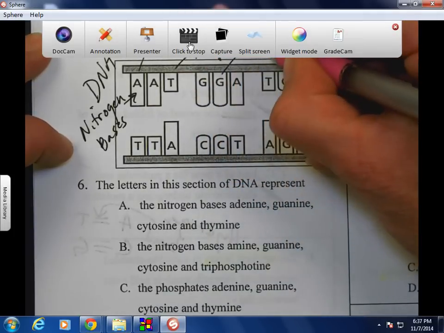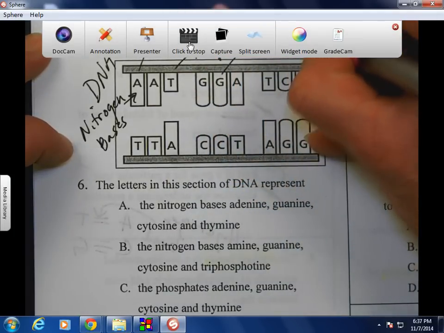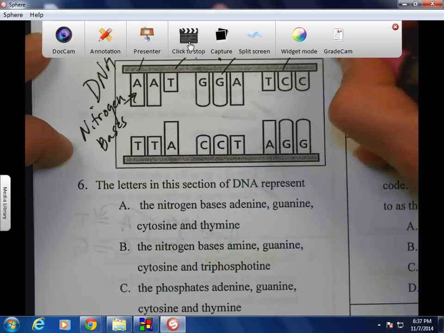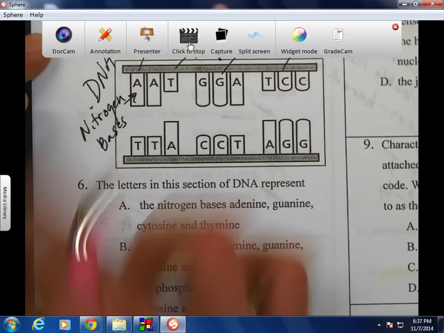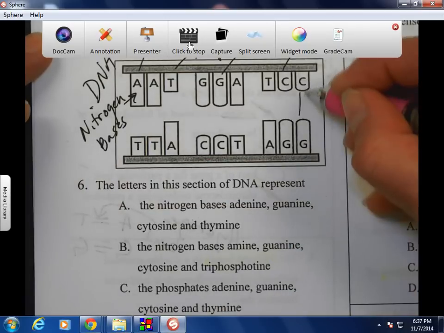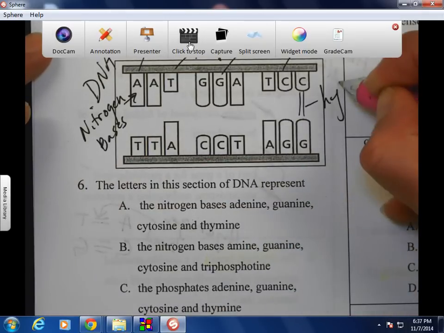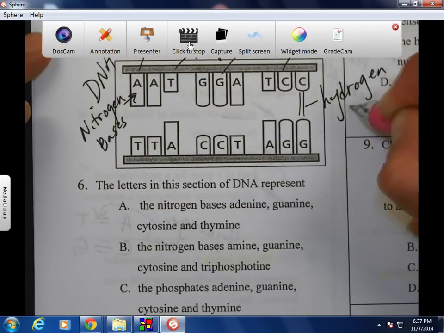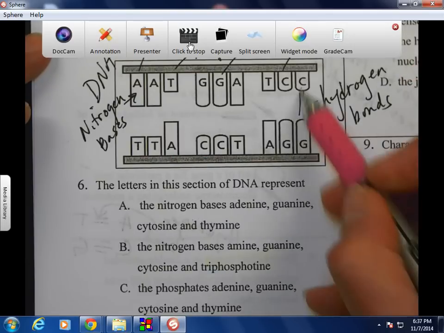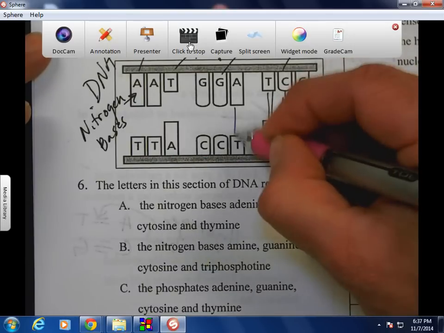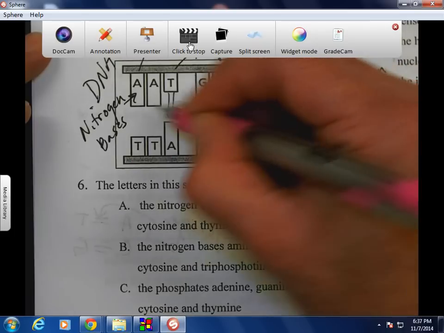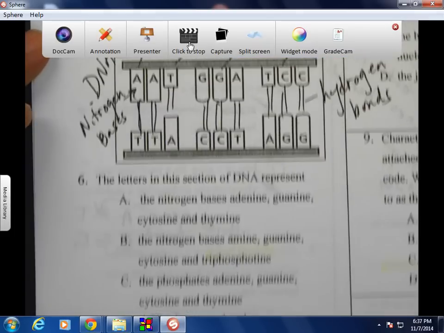G is for guanine. And C is for cytosine. And there's hydrogen bonds in between all of these nitrogen bases. All right, once I'm done writing everything that I know, I'm going to come down to the question.